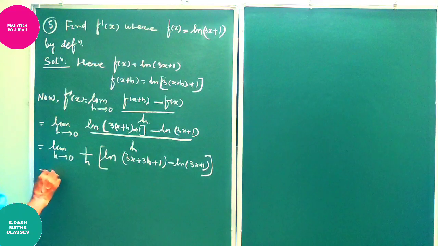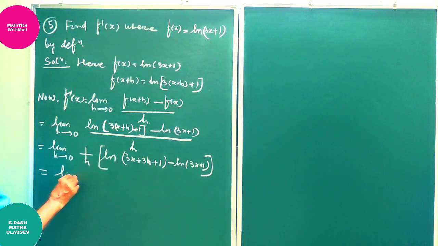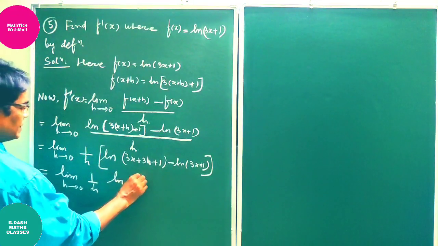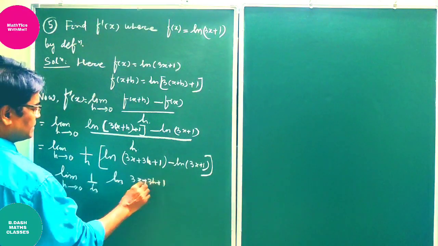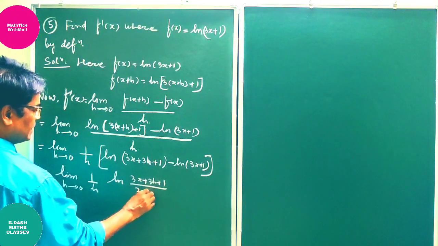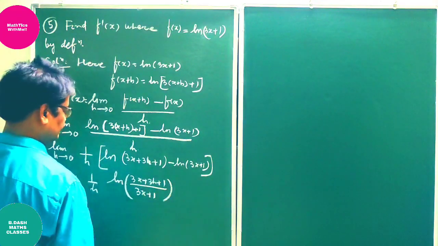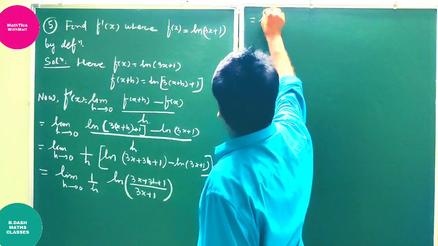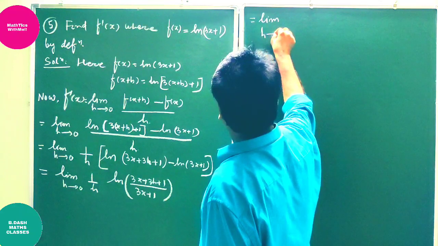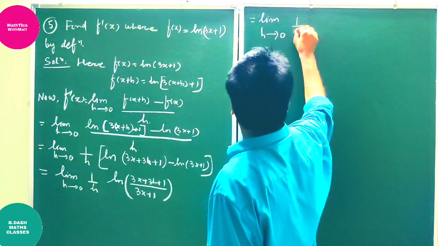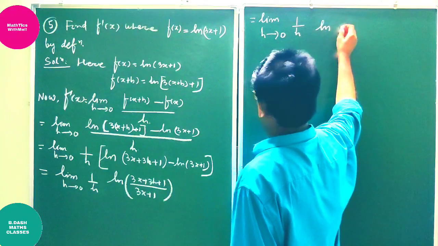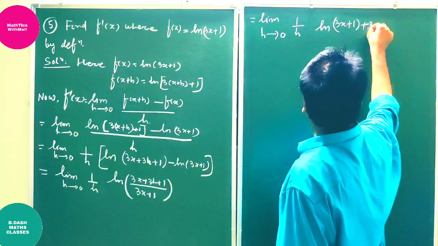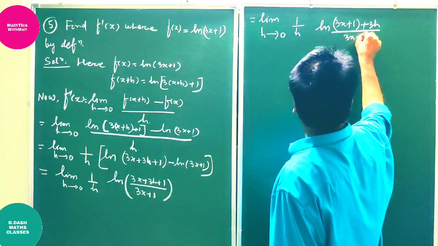So this is equal to limit h tending to 0 of 1 by h ln of (3x plus 3h plus 1) divided by (3x plus 1), because ln a minus ln b is equal to ln of a by b. This is equal to limit h tending to 0 of 1 by h ln of (3x plus 1 plus 3h) by (3x plus 1).